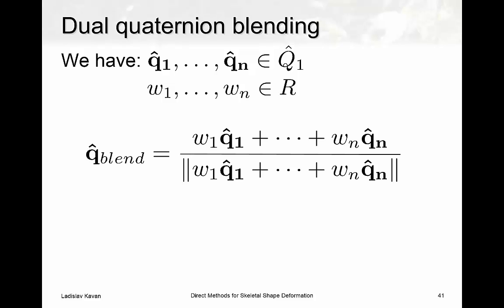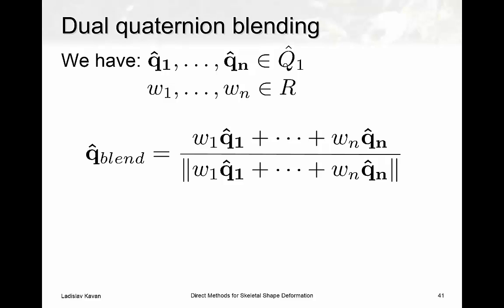Then you compute the blended dual quaternion, and then you have to do an important thing: you have to normalize it. Because you are not too far from the manifold, but you're not exactly on it. But the cool thing about dual quaternions is that the projection back on the manifold is easy to do. It's just 1 over the norm.